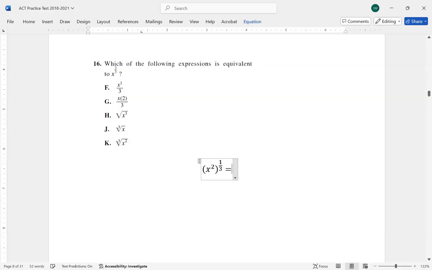And if you know anything about third powers, that is a third root. So we're taking a third root of the x squared. And it turns out that's one of my options. Specifically, that's option K. So K is the correct answer for question 16.